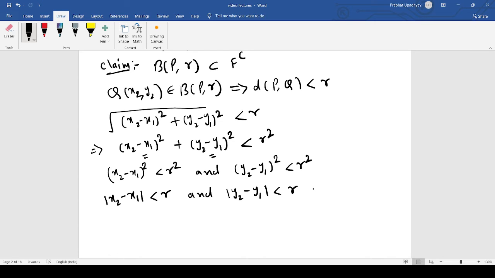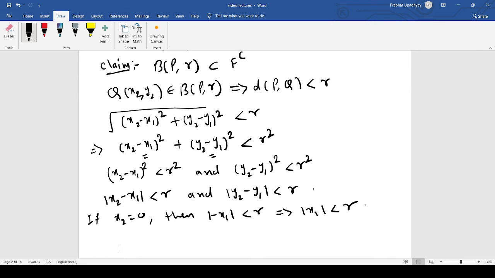Suppose the product x2 y2 is 0. What will that imply? Either x2 is 0 or y2 is 0. If x2 is 0, what will happen? This will imply mod of minus x1 is less than r. That means you can say mod x1 is strictly less than r.